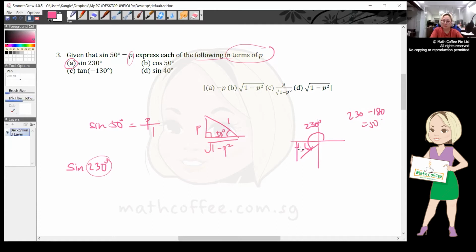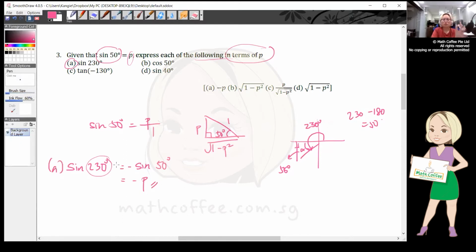So the basic angle is 50 degrees, and sine 230 will have the same trigonometric ratio as sine 50 degrees. Then the next question is, do I have to put a negative in front? Because 230 degrees is in the third quadrant and sine is negative, I have to put a minus here. So minus sine 50 simply equals minus P. Done. This is part A.